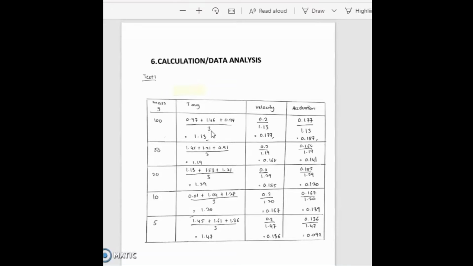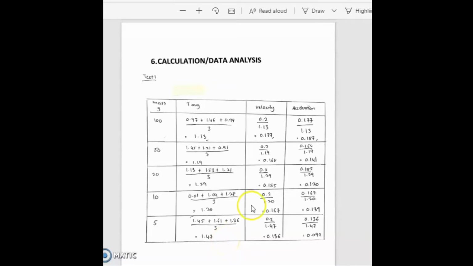Use this formula and we will get the value. And as we can see on this table, we get the time average for 100 gram, 50 gram, 20 gram, 10 gram, and 5 gram.